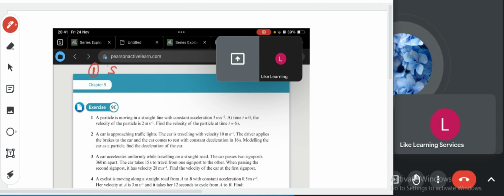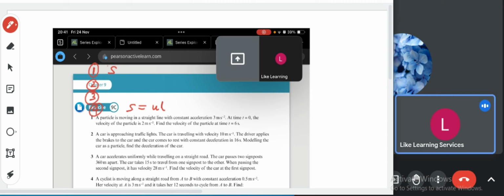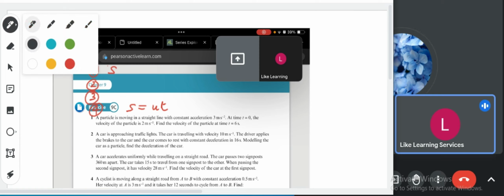I know S is equal to VT plus half AT squared. I will write that down. I will call it number 4. S equal to UT plus half AT squared. Any other one you can remember?